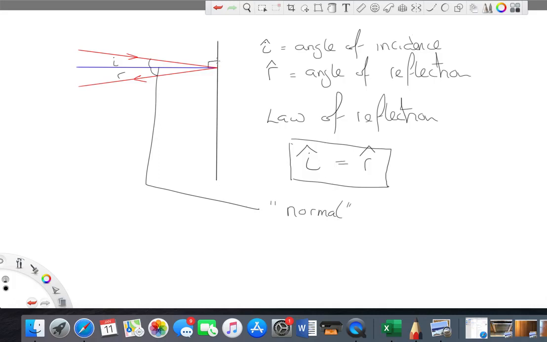So the normal is at right angles to the boundary between the media, this being the glass, for example, and this being air, for example. So it is at right angles to the boundary, at right angles to the surface where, in this case, reflection is taking place. So this law always applies.